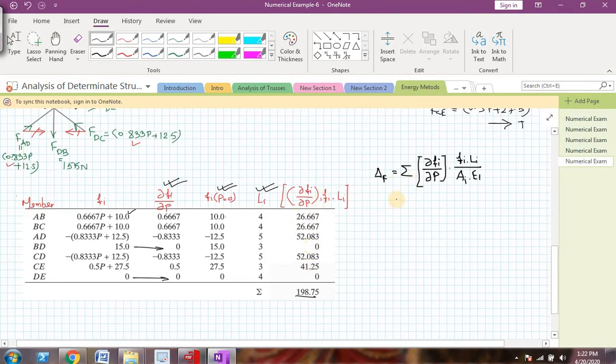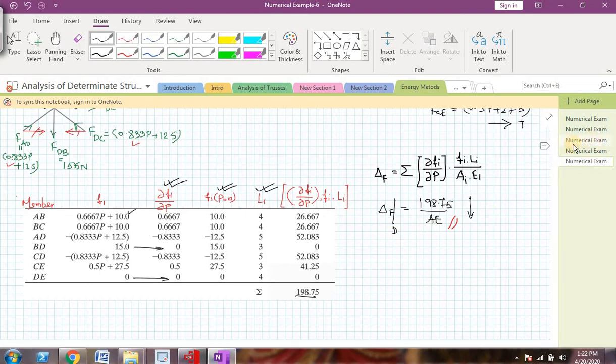Now I know this is a summation and AE is constant, so I can directly write it as 198.75 divided by AE. A is constant, and since I'm getting a positive sign, it means that the deflection is downwards. So this is how you can find the vertical deflection at joint D.